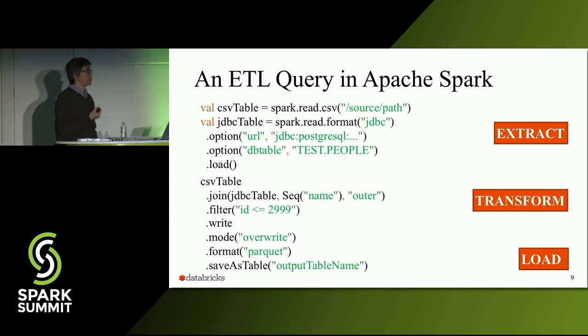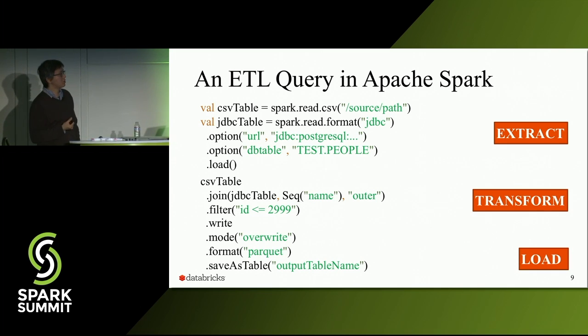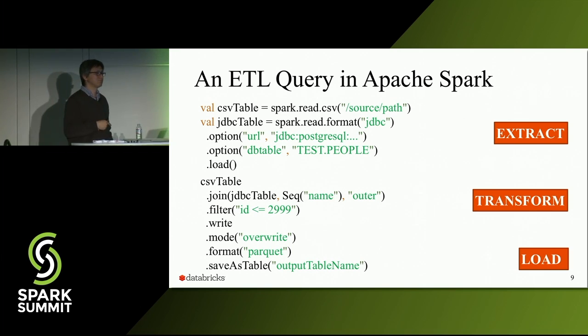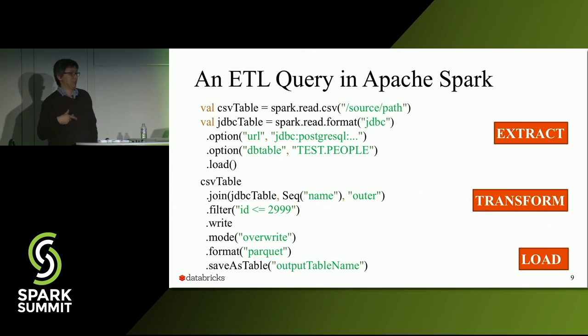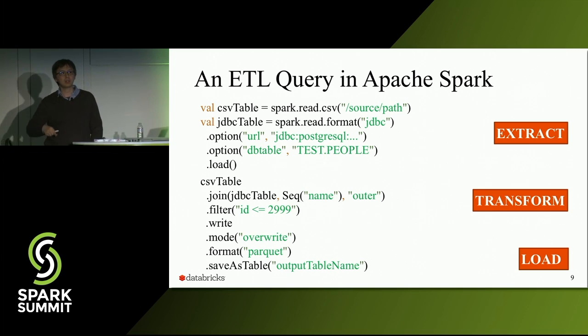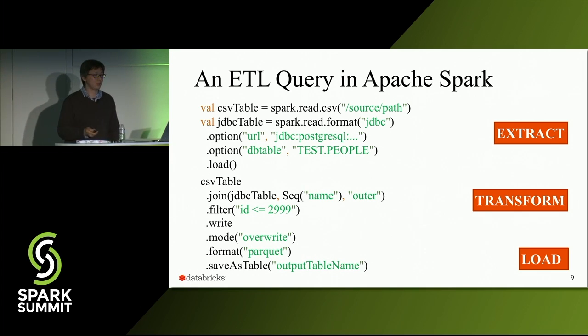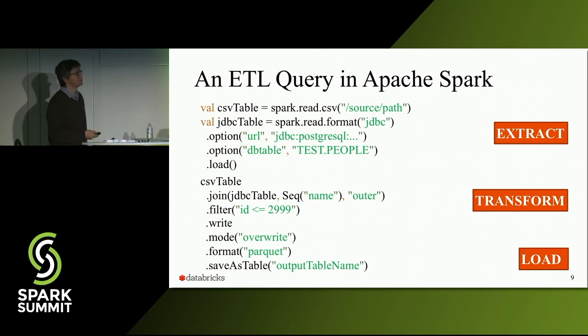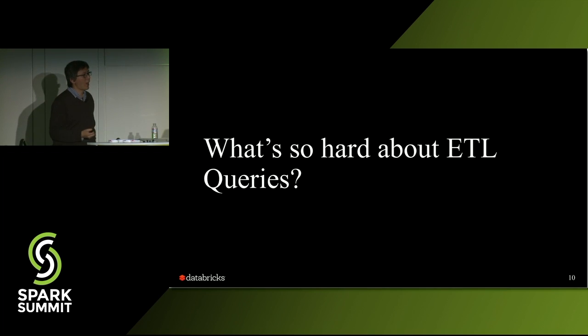After that, we join them together, use name as the join key, and do a full outer join. Then we filter out some illegal rows, and then we write to a table. The format is Parquet, and this is a catalog table. Later, you can query this table using either the DataFrame API or the SQL API. Also very simple.